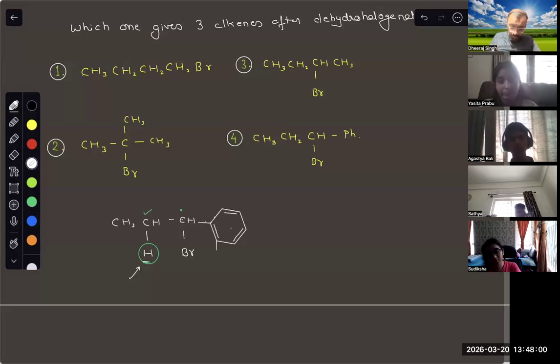Okay. Now, if this hydrogen comes out, how many products will you see? How many products would be there? One. No, there are 2. One will be cis, the other will be trans.